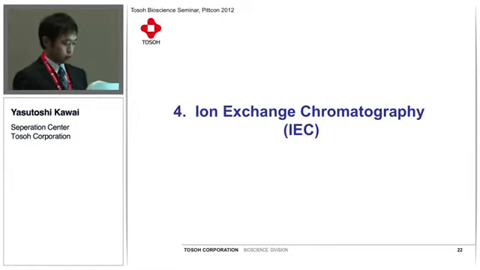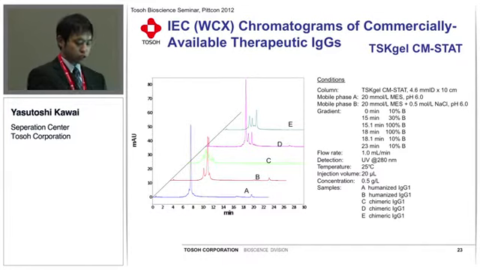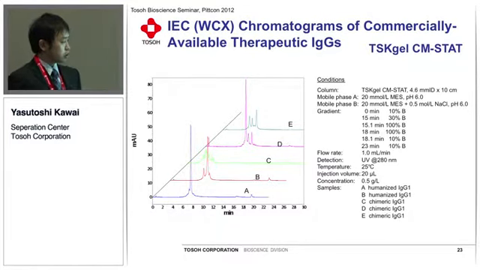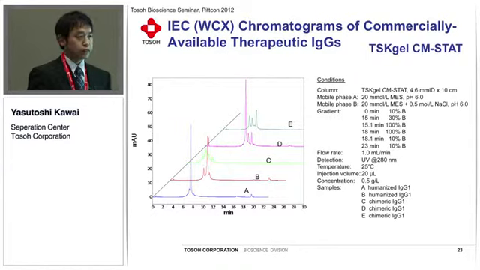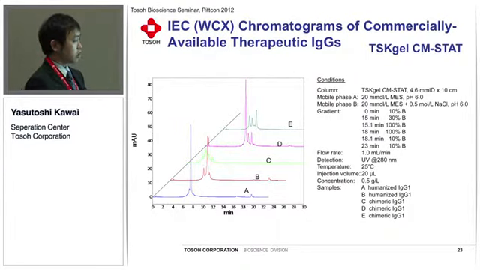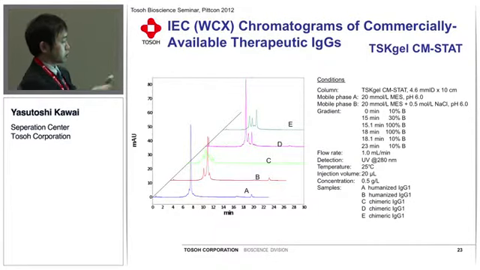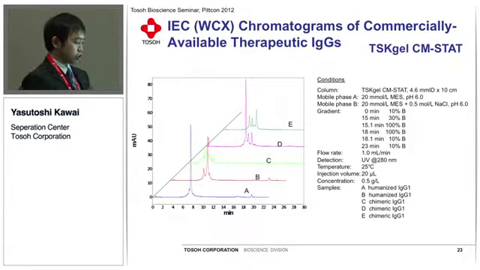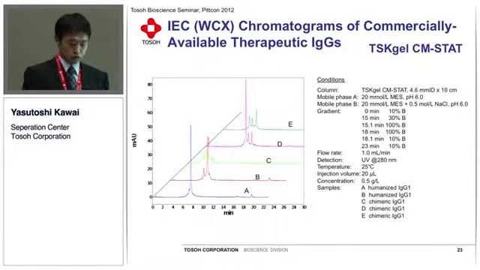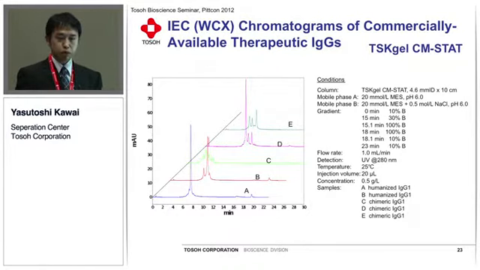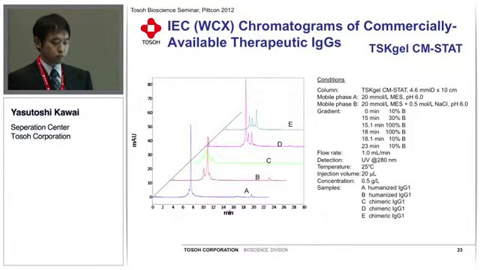Finally, I'd like to talk about IEC, ion exchange chromatography. This chart illustrates the analysis of 5 commercially available therapeutic antibodies. The separation was performed by TSKgel CM-STAT. This CM-STAT column is a weak cation exchange column packed with 7 micron non-porous particles.